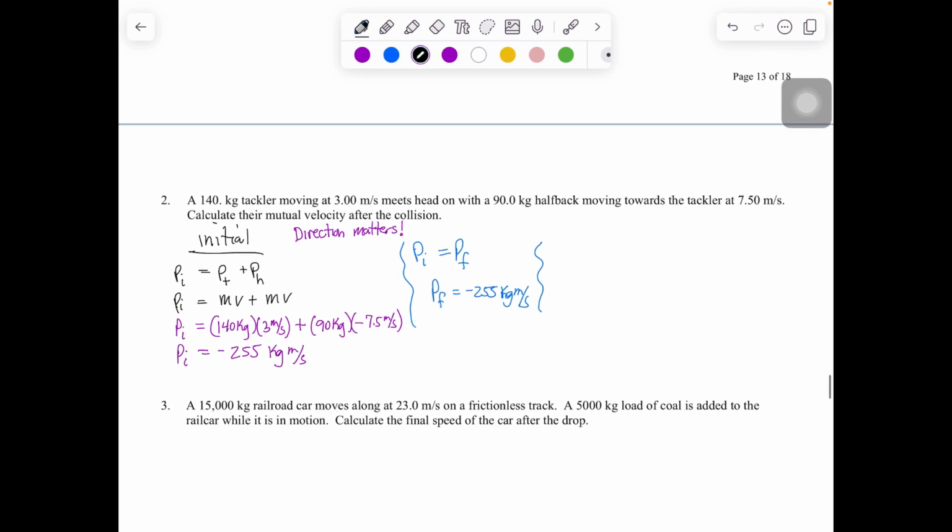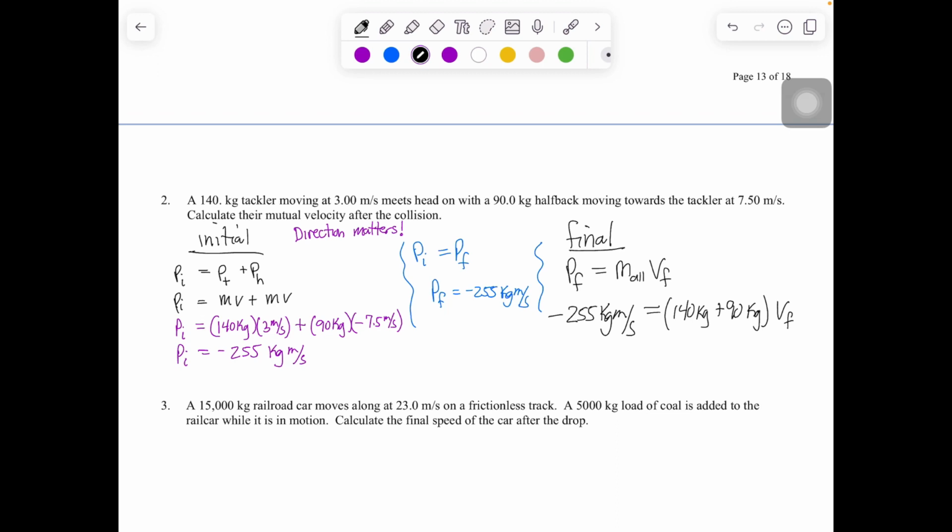And then let's take a look at what's happening after they collide. We know that our P final is the mass of everybody times the velocity final. So I get negative 255 kilogram meters per second, because I just figured that out, equals the mass of everybody, which is 140 kilograms plus the 90, times velocity final.